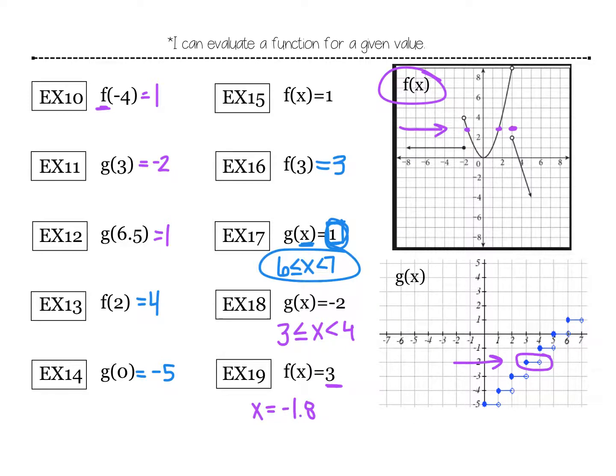It's not quite to -2. It's just a little bit before. It's also happening right here when it's not quite 2, so it's about 1.8 positive. And it's happening here when x is 3. So on this graph, there are 3 times when the output is 3, at about -1.8, 1.8, and 3.